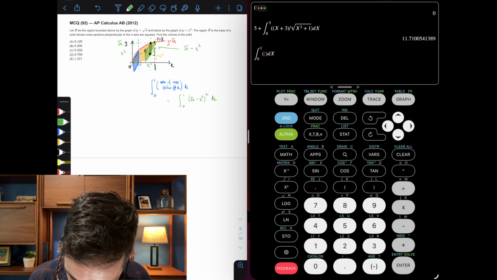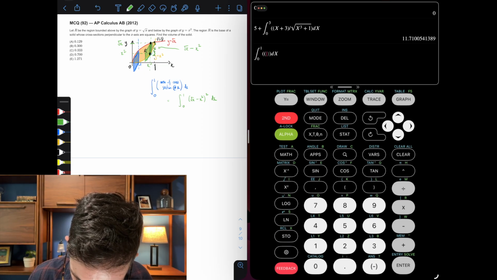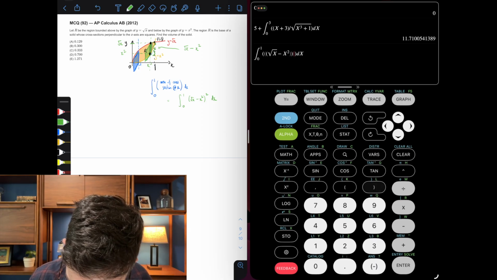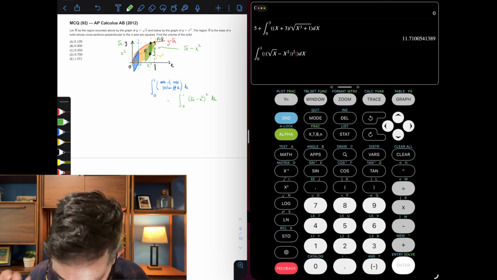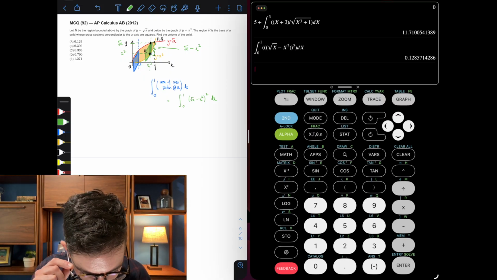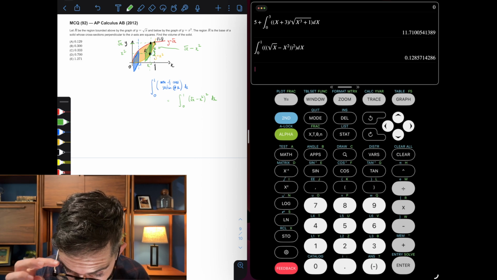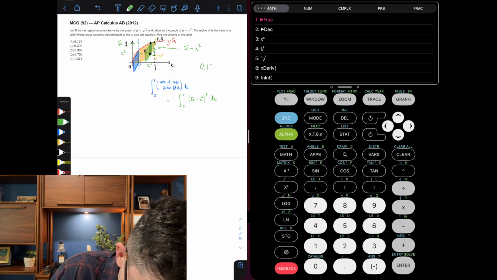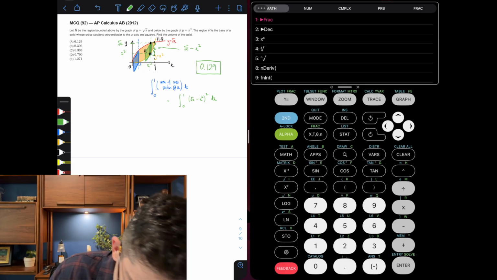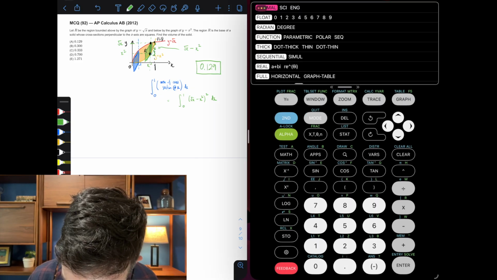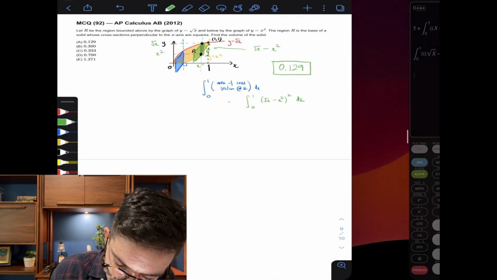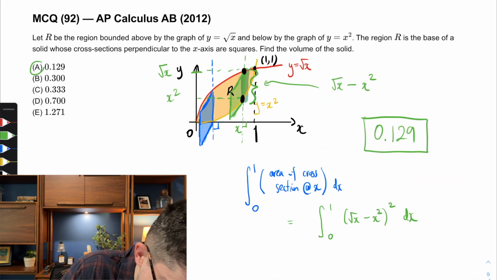The quantity I'm integrating is the square root of x minus x squared, and it's that entire difference squared. What do I get? I get 0.129 to 3 decimal places. 0.129 indeed. So that is answer choice A.